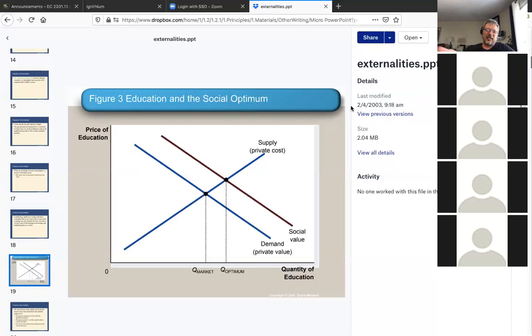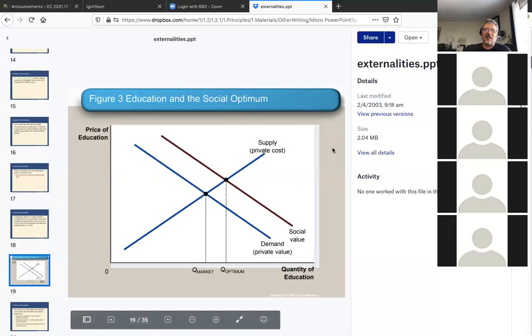And so in standard markets for demand and supply, the buyer's willingness to pay, my willingness to pay for me, is on the demand curve, and the seller's cost is on the supply curve. But you see the red line here, how it's higher than the blue line for demand?